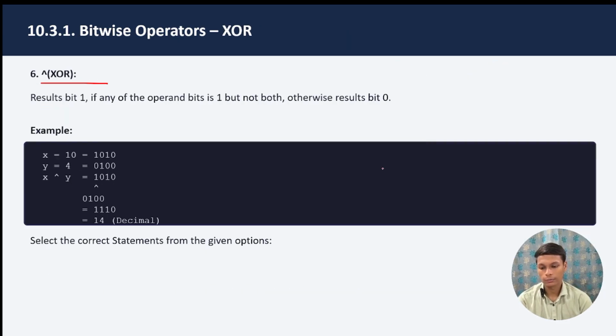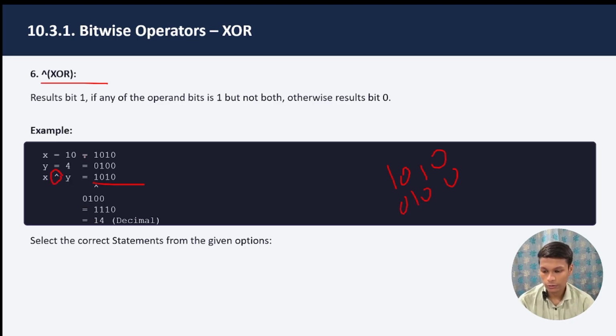Let's take an example: 1 0 1 0 and 0 1 0 0. You can see examples written here also, so you can refer to those. This is the symbol of the XOR operator.